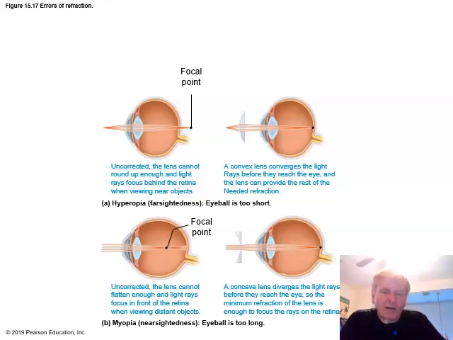So now, uncorrected, the lens cannot flatten enough and the light rays focus in front of the retina, because the retina is back here, it's too long. So you give this type of individual with myopia a concave lens, and that will diverge the light rays, spread the light rays apart, before they reach the eye. So that now you need minimum refraction of the lens. That's all that's necessary to focus the rays on the retina.